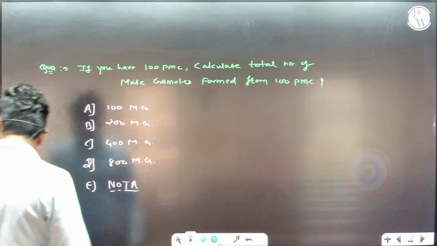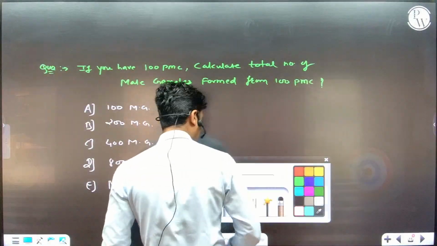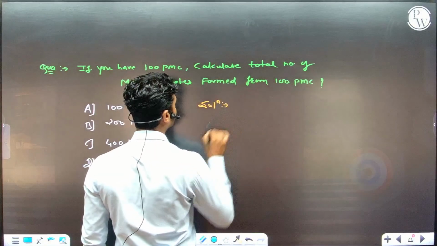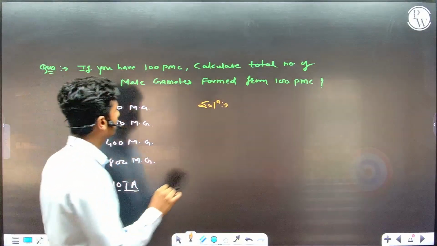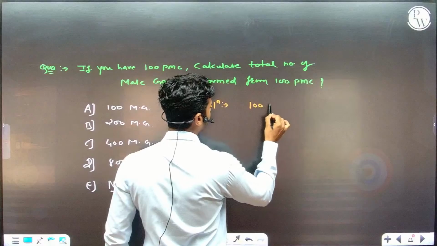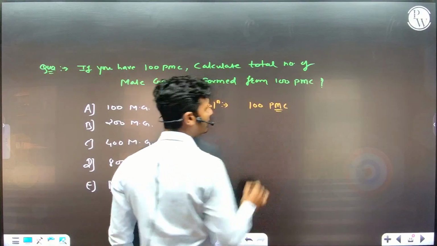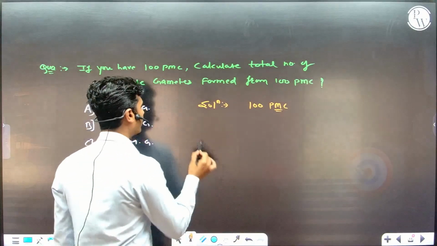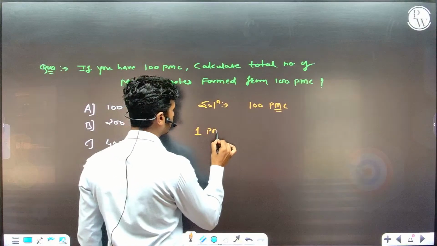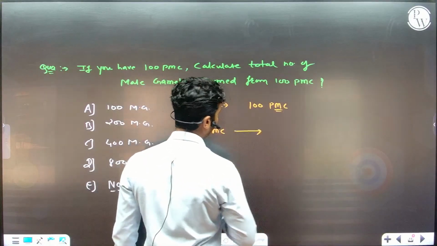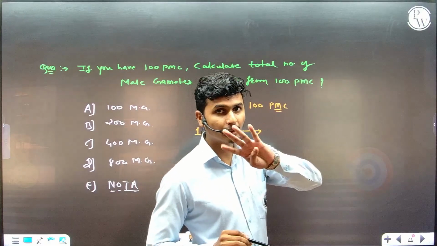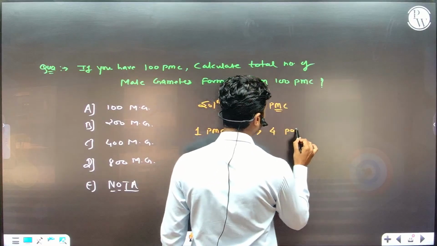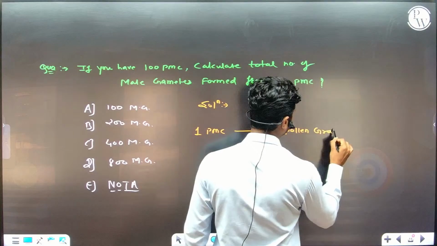Let's discuss the solution. What is the question? 100 PMC. Let's calculate with the help of 1 PMC first, and then multiply by 100. 1 PMC is responsible for the formation of 4 pollen grains.